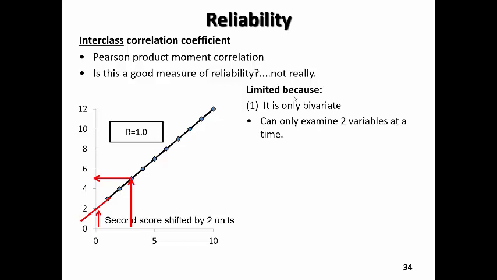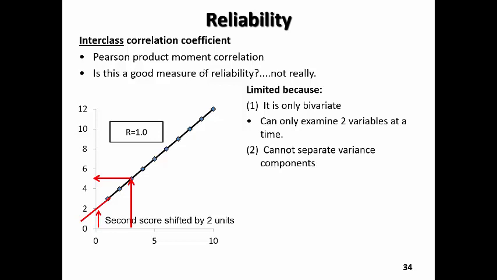Bivariate means that the Pearson product moment correlation can only examine the association between two variables at one time. Oftentimes we have multiple measurements of some measure of human behavior or some physiological measurement, but we have to be able to examine reliability if we have more than 2 measurements.